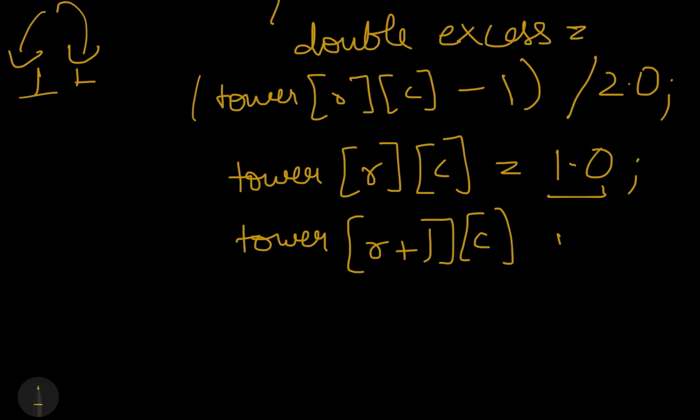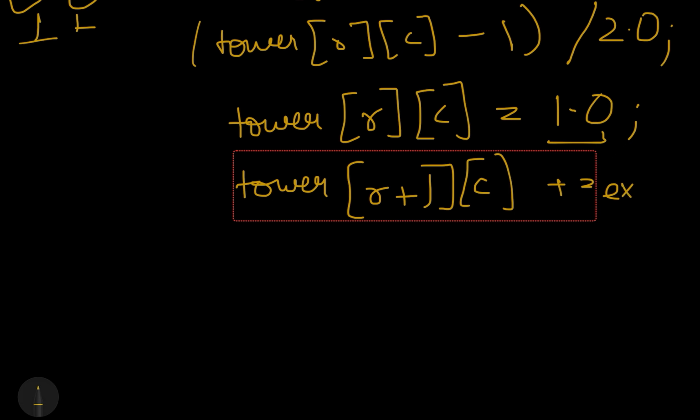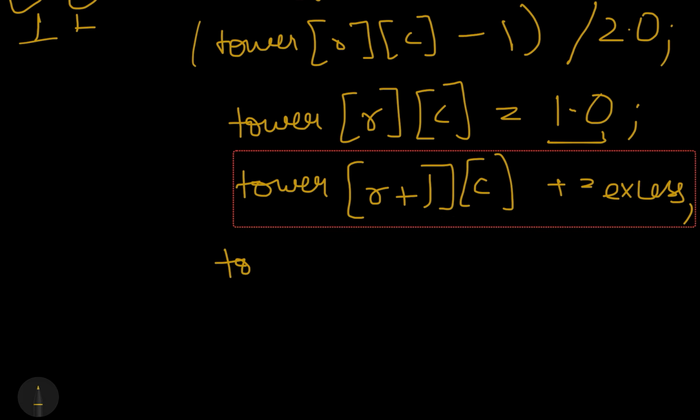Then the left one, which currently had 0, will be initialized with the excess champagne.